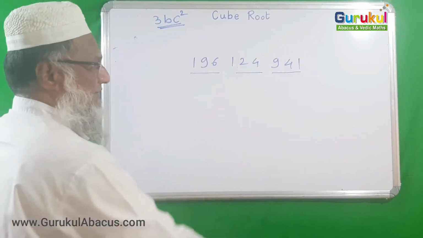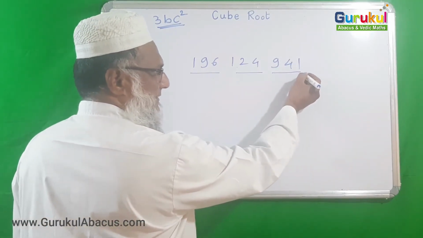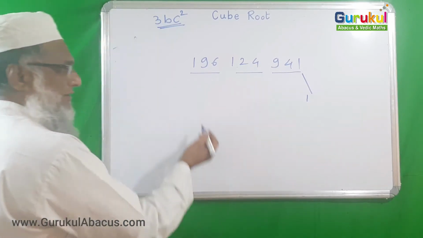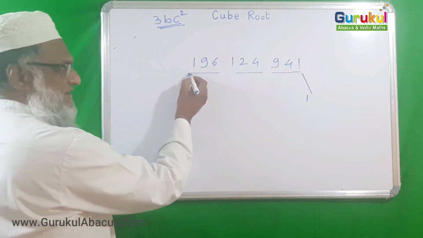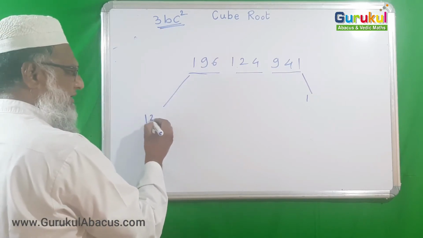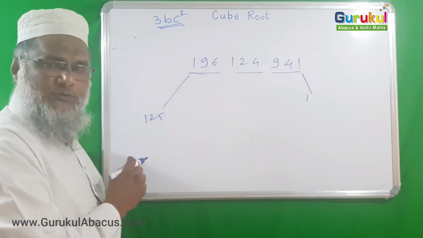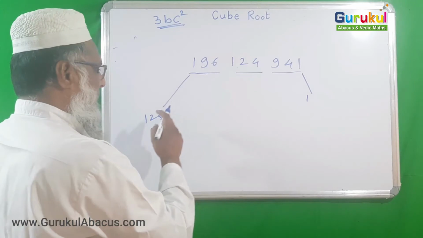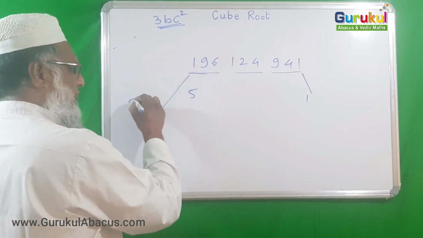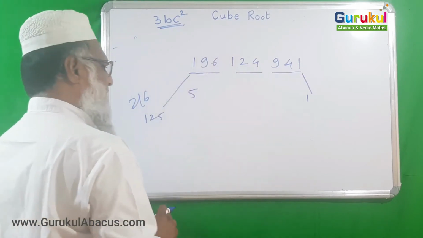Now by observation we can find the last digit. If it is 1, then definitely it is also 1. Now the first digit: just see 196 and the nearby cube number is 125, because it is the cube of 5. Cube of 6 is 216, which is bigger than it, so we are not taking it.